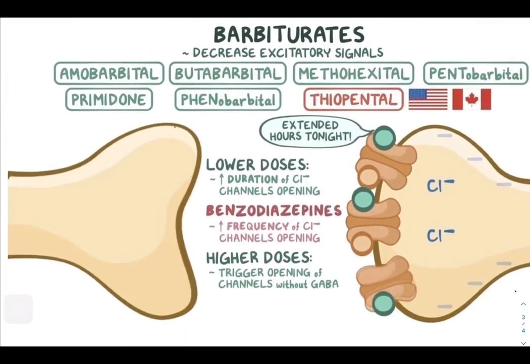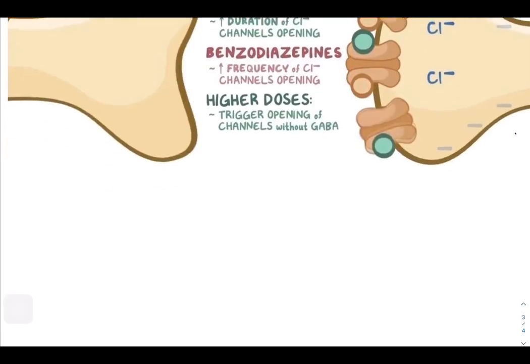Let's understand one more concept. In our central nervous system, we have a lot of receptors for GABA, especially in the brain. GABA is an inhibitory neurotransmitter. I mean, it slows things down.